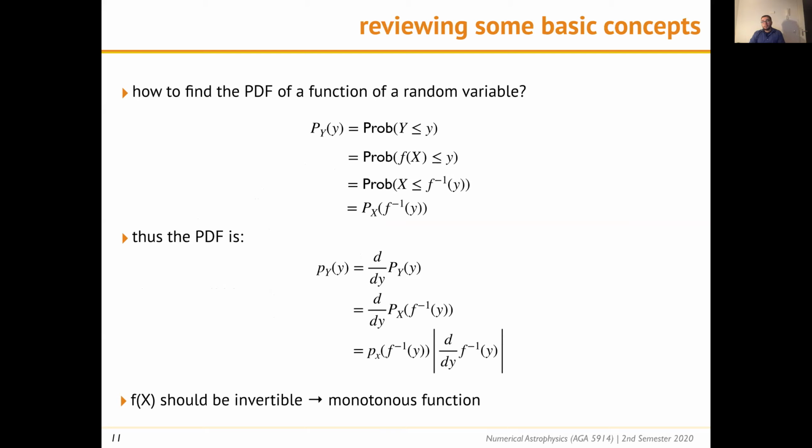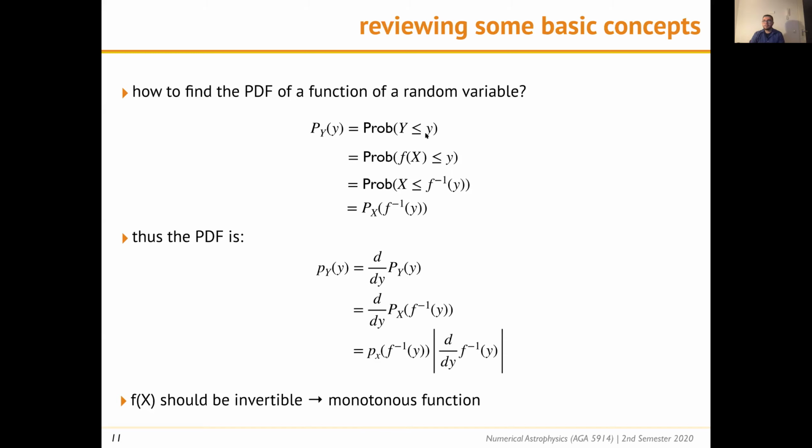So suppose now that we have a function of a random variable. So let's say that f of x, a random variable x, that's y. Now I just want to outline the very basic things that we can say about this relation. If we have one random variable that is a function of the other one, then we can start writing things. So the probability of a given random variable capital Y, that's the probability of Y being less than small y.